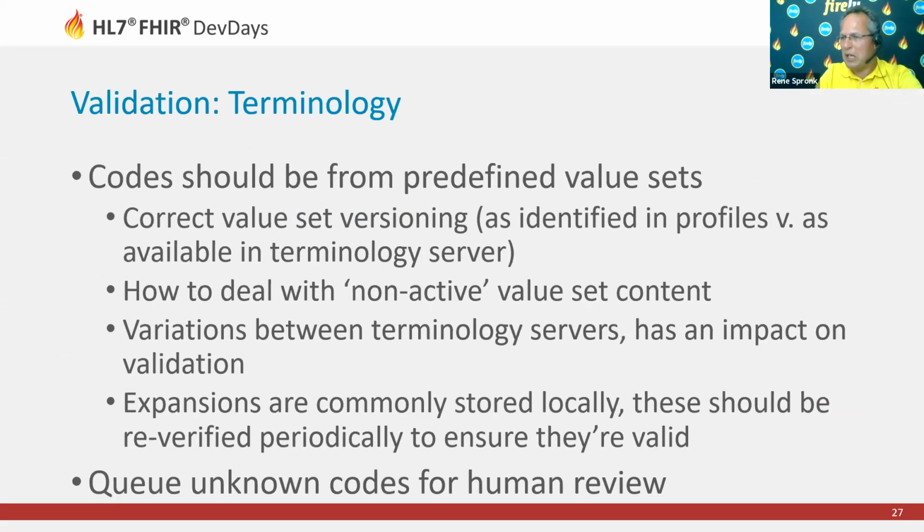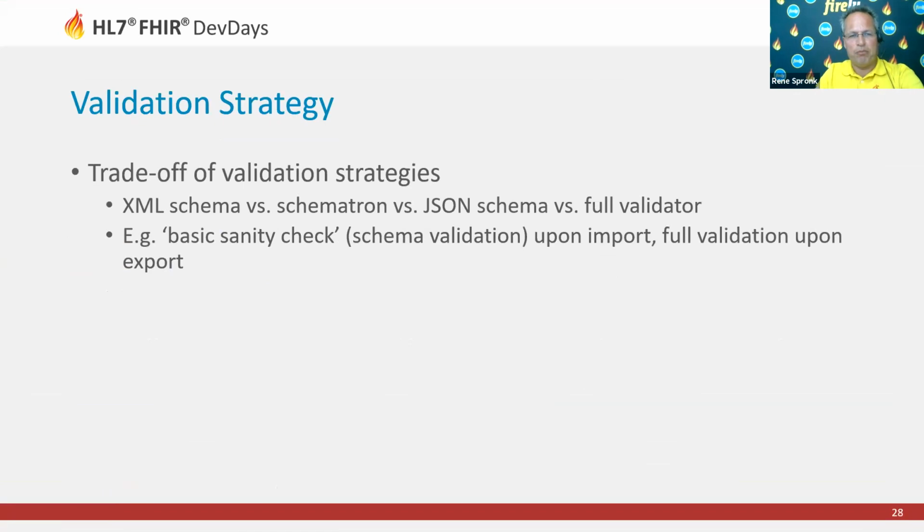Talking about validation, terminology. Validation against value sets. Well, again, separate presentations on that, so I'm not going to reiterate that. In general, what we see with the validation strategy used in this sort of context is that quite often people use a rather basic sanity check.